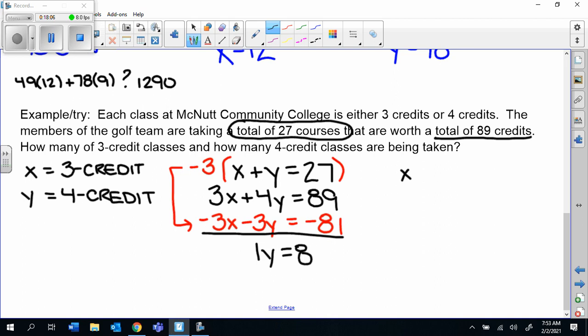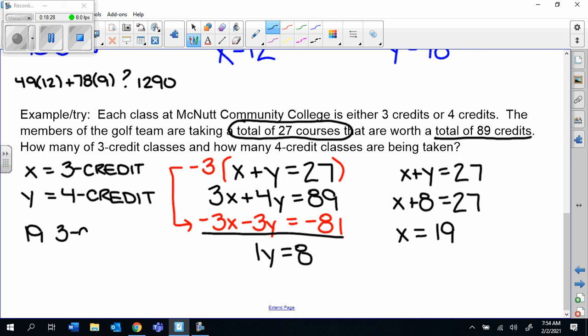If x plus y is 27, and y is 8, if I just subtract those, I should get that x is 19. So there are 19 3-credit courses and 8 4-credit courses.